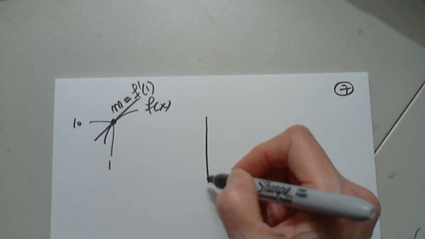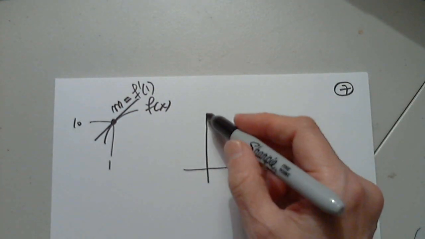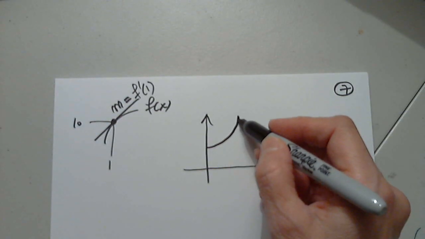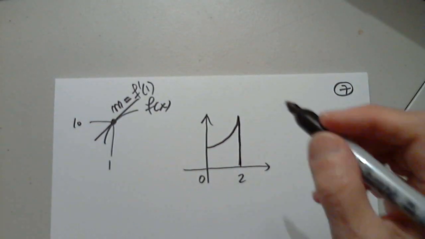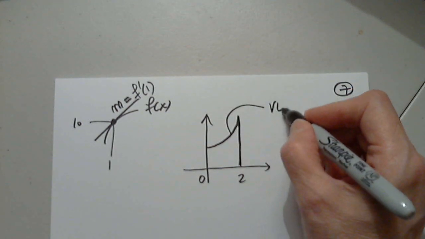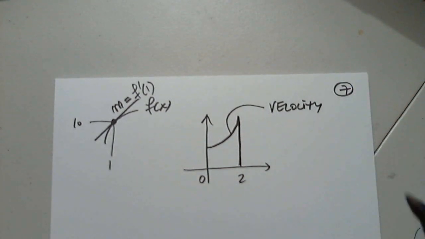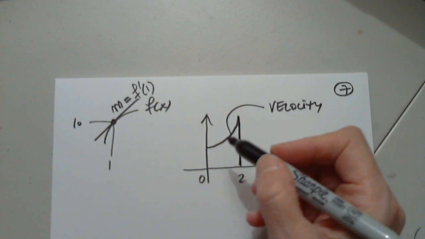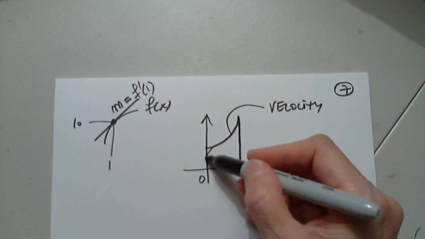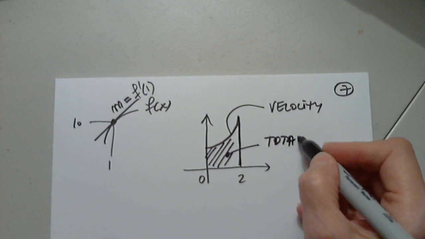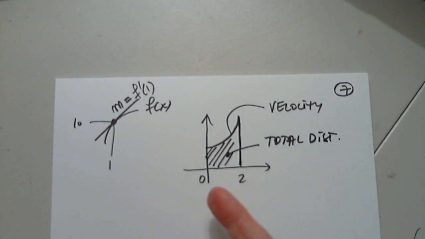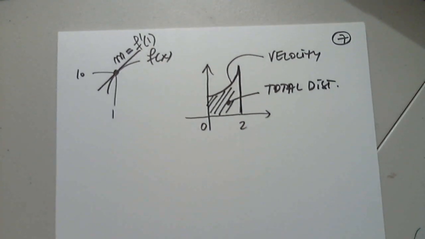So let's suppose I have this function between 0 and 2, and the function is the velocity. If the function is the velocity between 0 and 2, this area is the total distance covered between 0 and 2.